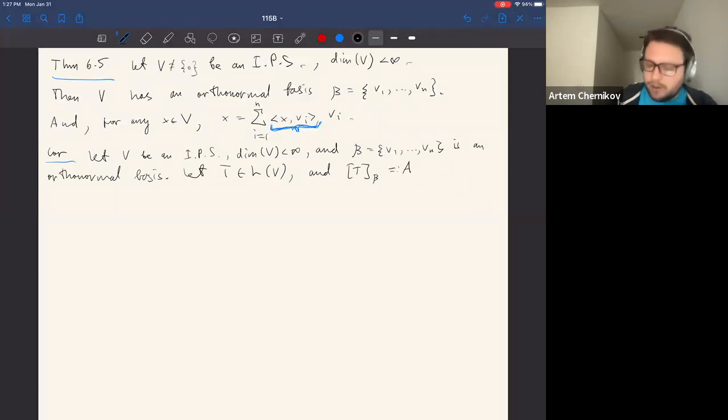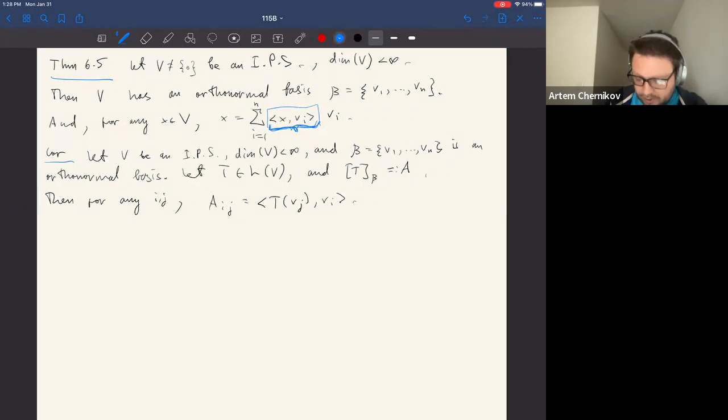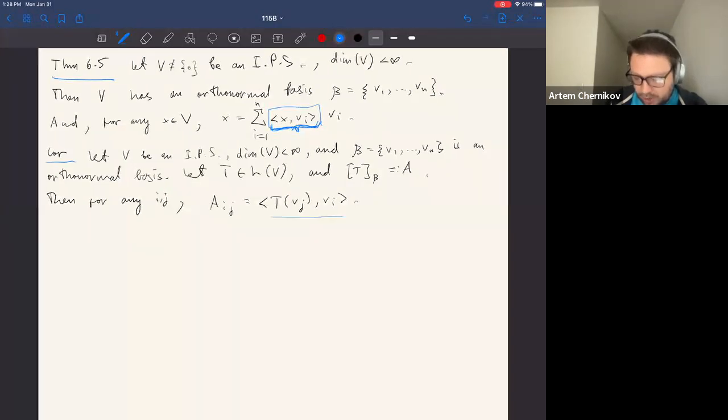Let's denote this matrix by A. Then the coordinates of this matrix are easy to describe. So for any i, j, we have that aij is simply the inner product of T Vj with Vi, right? So this is just by applying the previous theorem, because we have this simple form for the coordinates. If you just try to write out the matrix representing it, you see that the entries of the matrix are of this form.